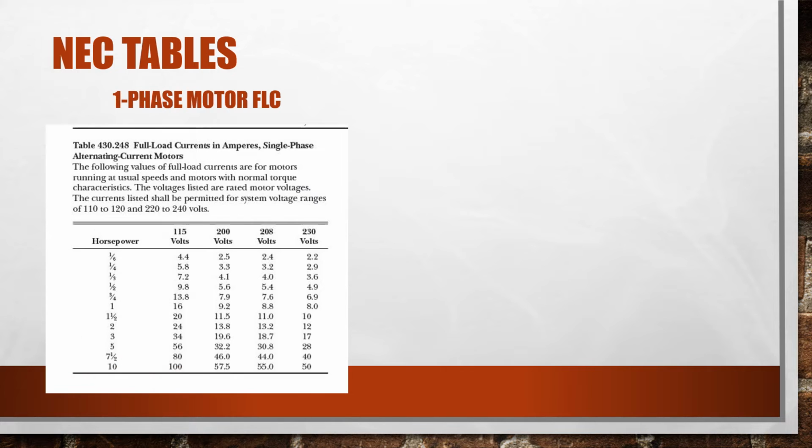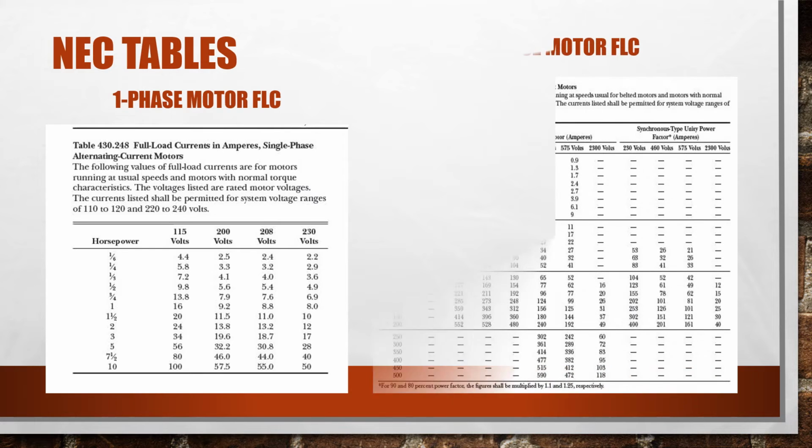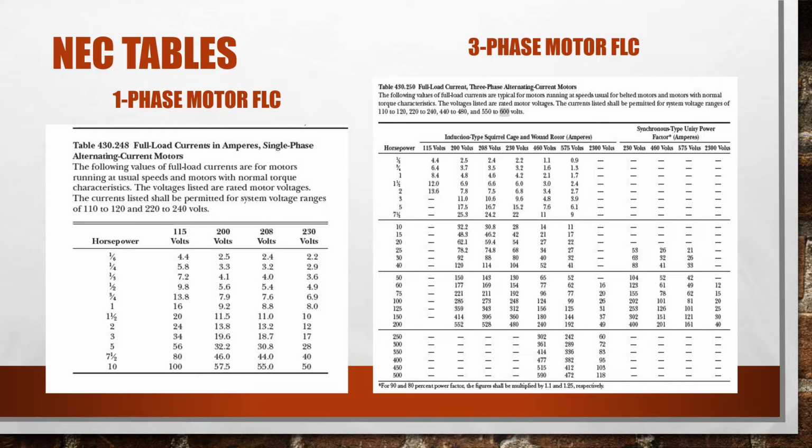So from the NEC tables, for the single phase motor FLC and for the three-phase motor FLC, in the 230 volt column, for 1 horsepower we have 8 amperes.